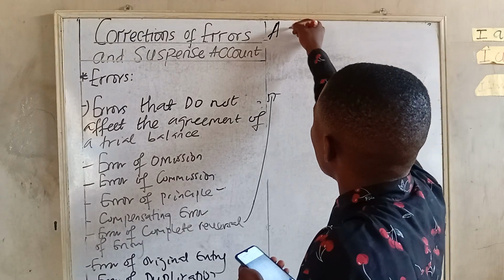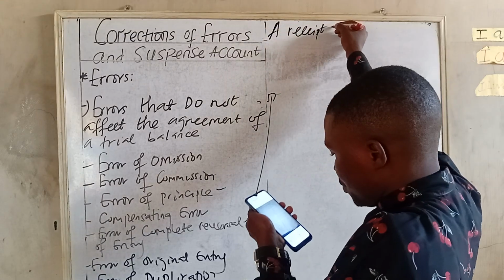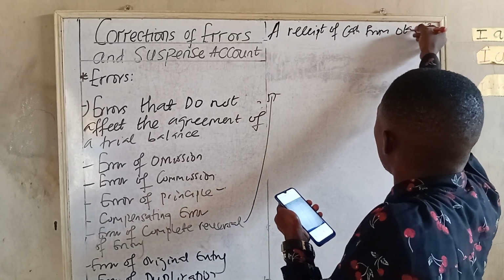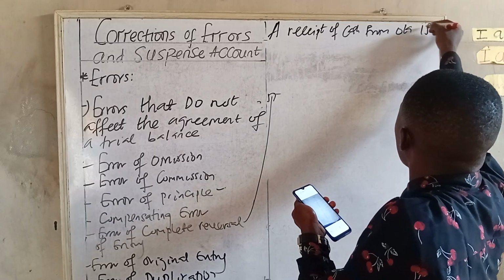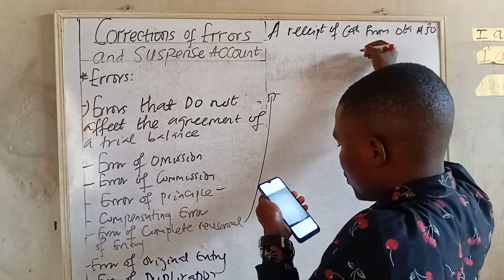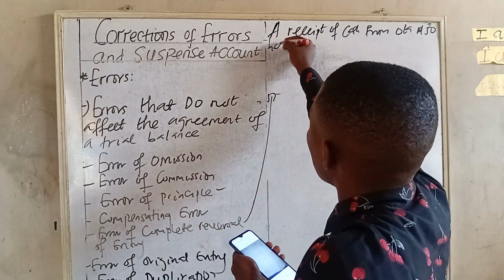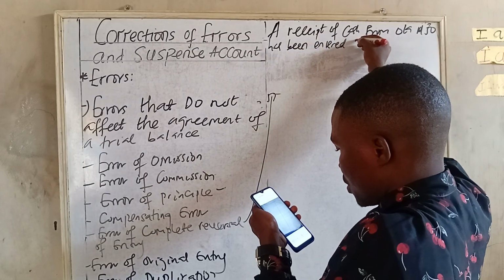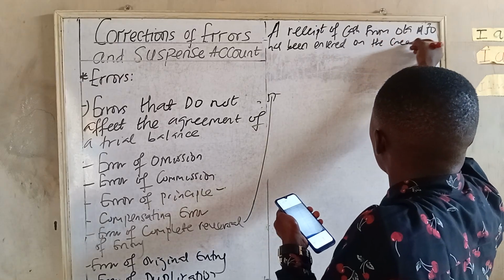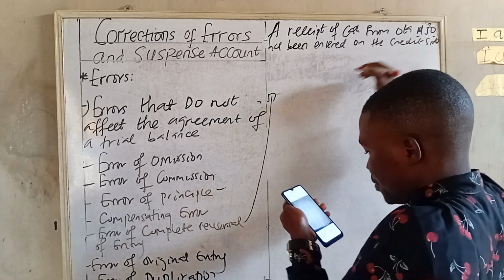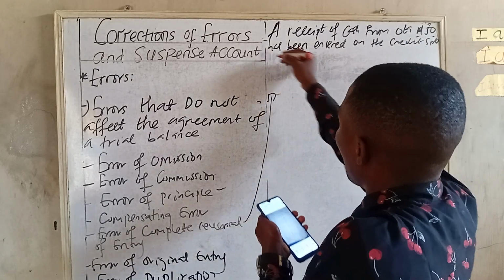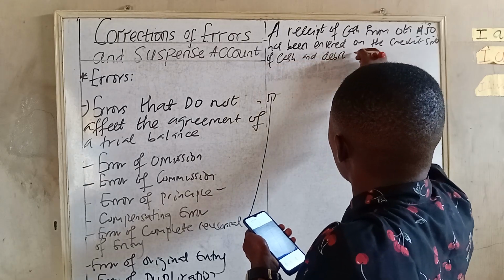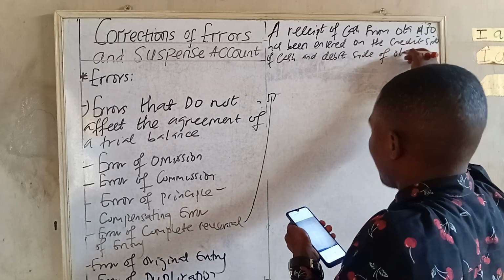A receipt of cash from Ola, 150, has been entered on the credit side of cash and debit side of Ola.